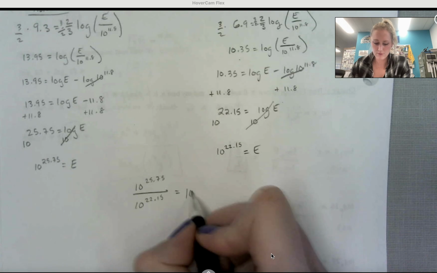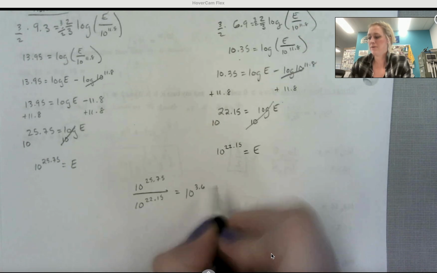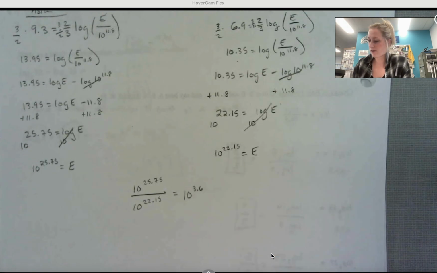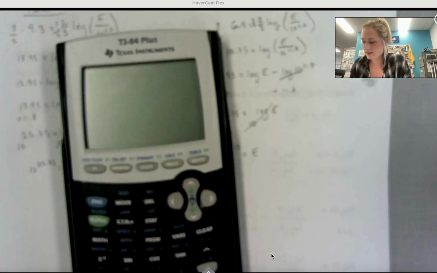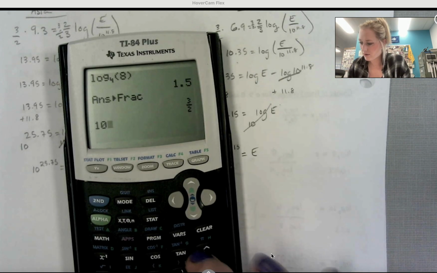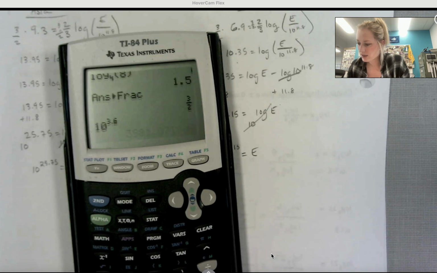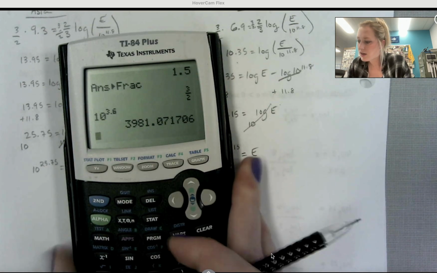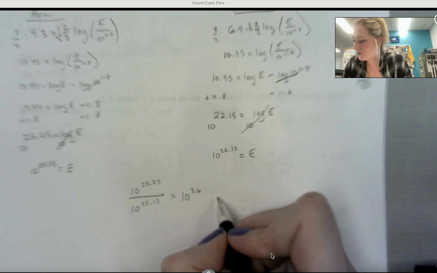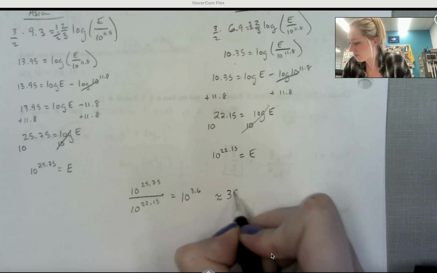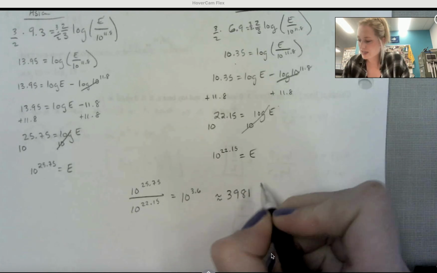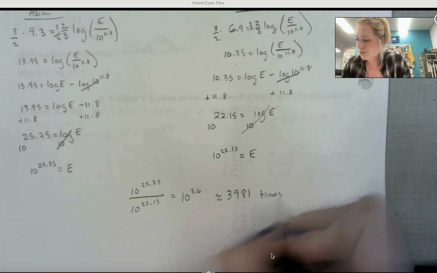Then I'm just left with 10 to the 3.6. Now when I enter that in my calculator, 10 raised to the 3.6, I'm going to approximate that. So we've got approximately 3,981 times more energy.